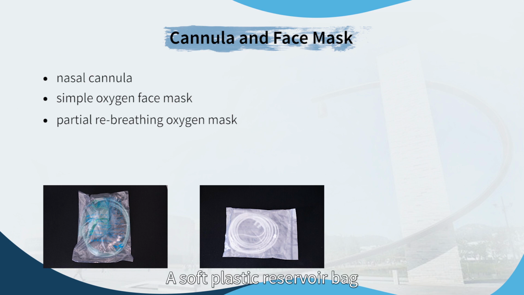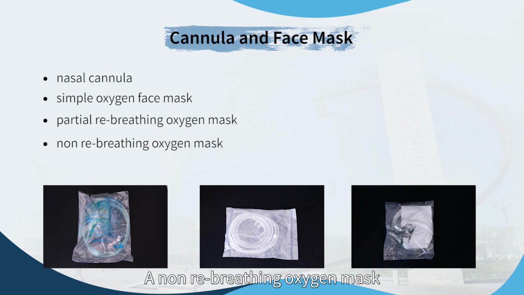A soft plastic reservoir bag connects to the mask that conserves the first third of the patient's exhaled air while the rest escapes through the side ports. Thus, it can make use of the carbon dioxide as a respiratory stimulant.